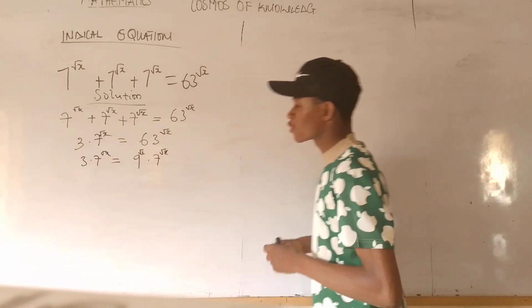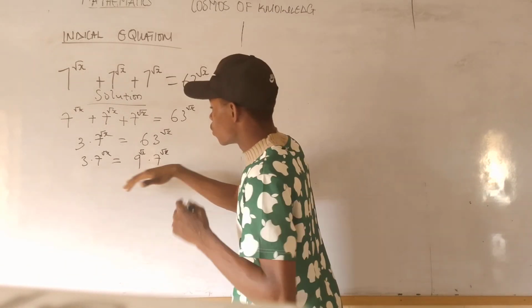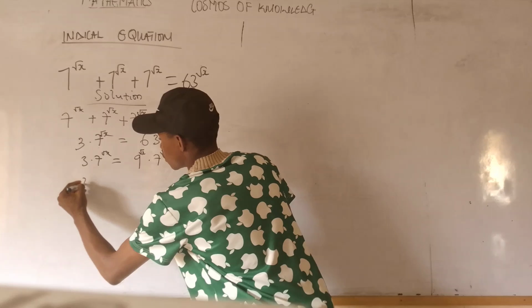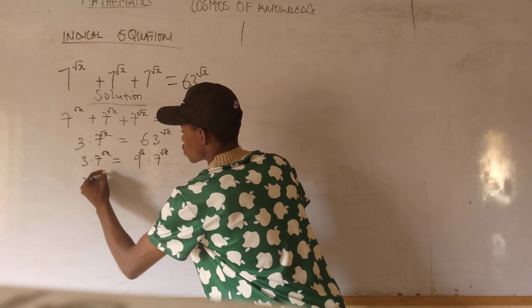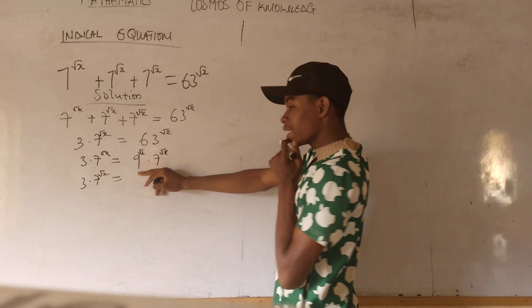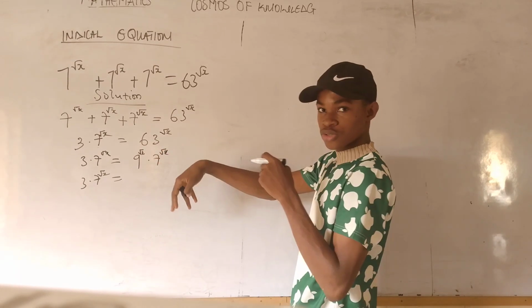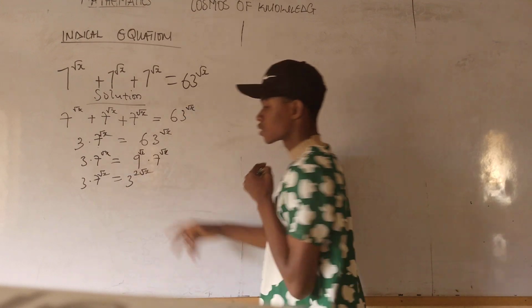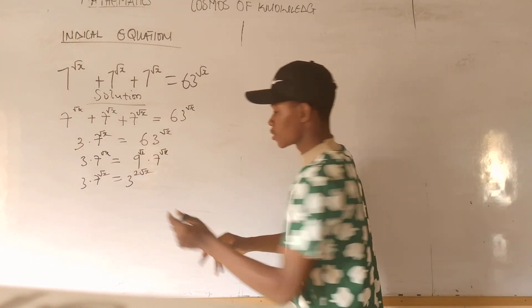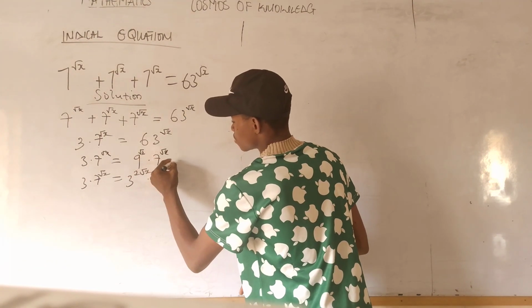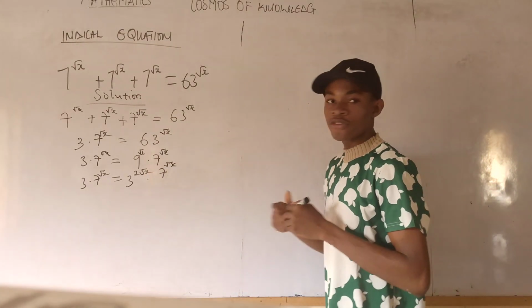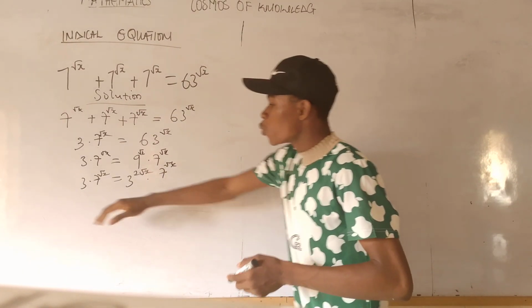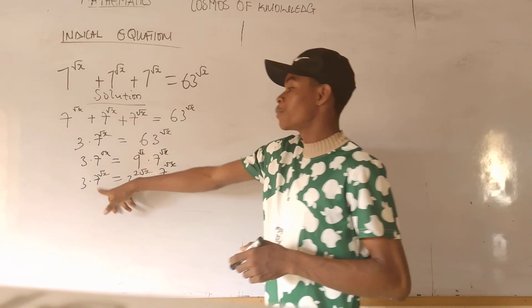Now to simplify this further, let's work on this first. Bring this down. 9 raised to root of x can also be reduced. It can be what? 3 raised to power 2 root x. 3 raised to power 2 still gives us 9, so it's the same thing. For further simplification, from here now, we are going to divide both sides by 3.7.